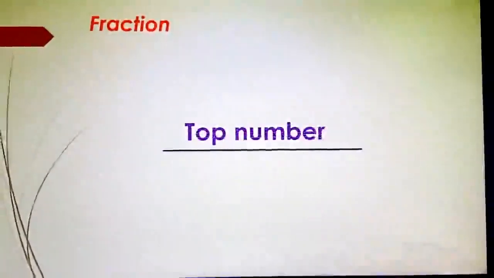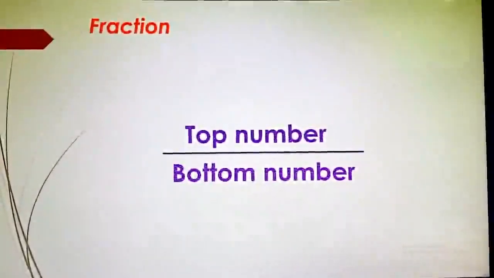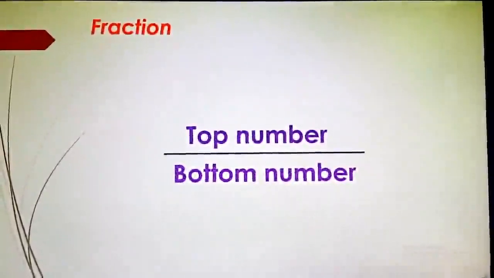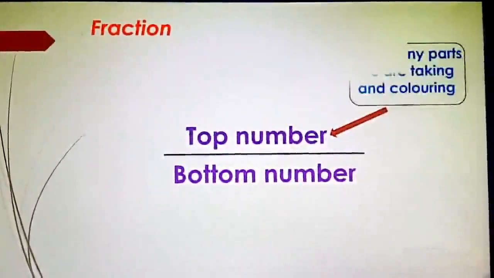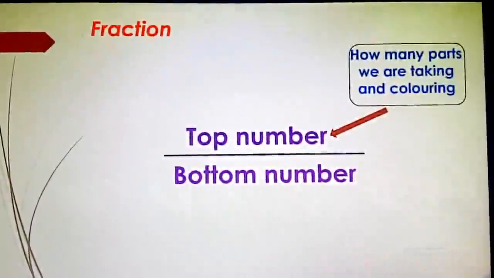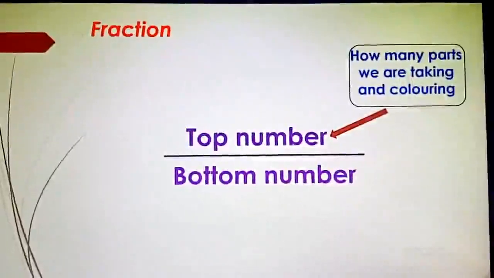Fraction. When we write the fraction, we have to make a line. Then we write the top number, which means how many parts, and second we write the bottom number. Top number means how many parts we are talking about, or how many parts are taken and colored.